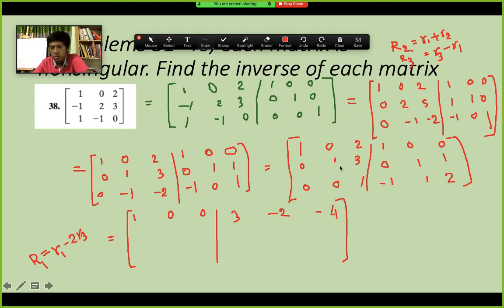Then in this line also we can do something to remove this 3, and we need a 0 here. What we can do is multiply this last line by 3 and subtract it from the second line.